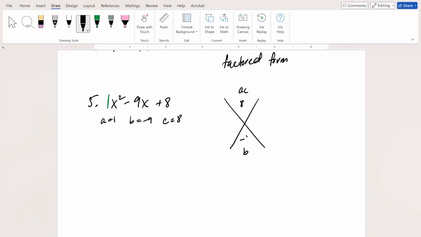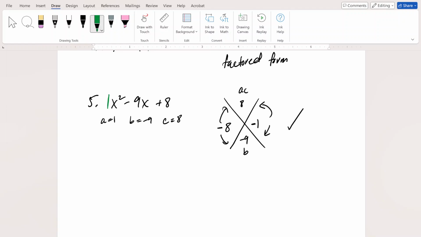Little b at the bottom, which is -9. Two numbers multiplied to 8, but add up to -9. So if I did 8 and 1, right, they multiply to positive 8, but they do not add up to -9. But if I change both of them to a negative, then I get -8 times -1 is positive 8, but -8 plus -1 is -9, so this is good to go.